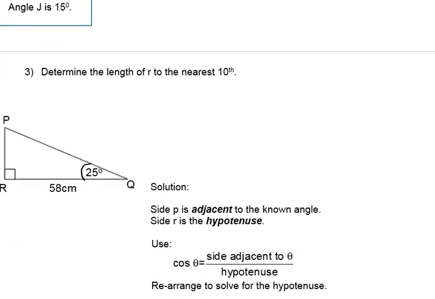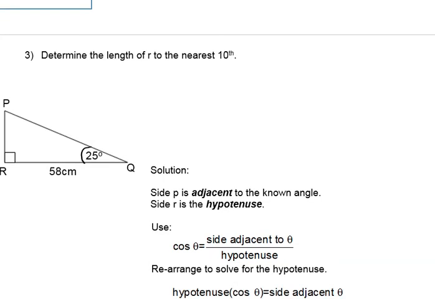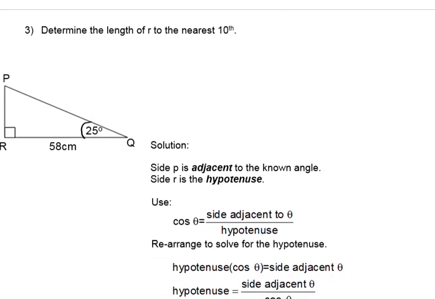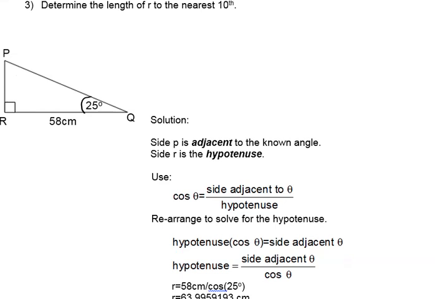We rearrange that to solve for the hypotenuse. For most people, that's a two-step calculation. First we have to multiply by hypotenuse to get it out of the denominator. But then we have hypotenuse times cos of theta, so to get rid of cos of theta, we divide by that. We get hypotenuse is equal to adjacent over cos, which in this case is 58 divided by cos of 25 degrees.